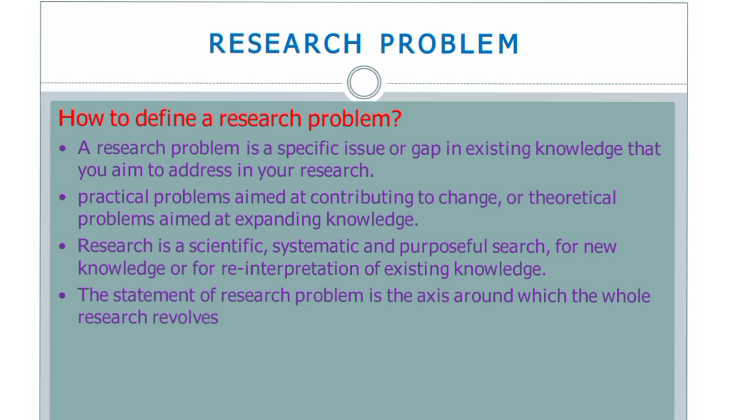Systematic means it is a step-by-step process. So we cannot directly go to sampling, or directly to the report writing process. We have to start from the first step, that is the research problem, and then the literature survey, and then the remaining steps.